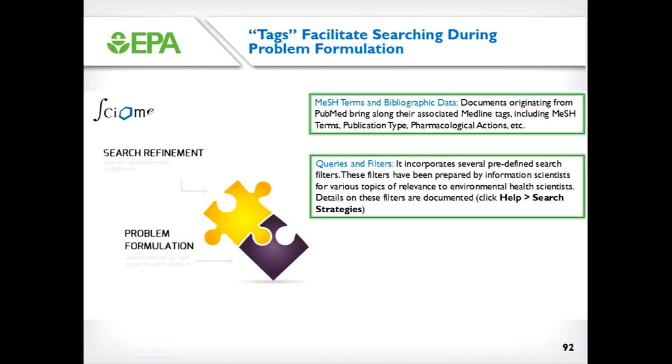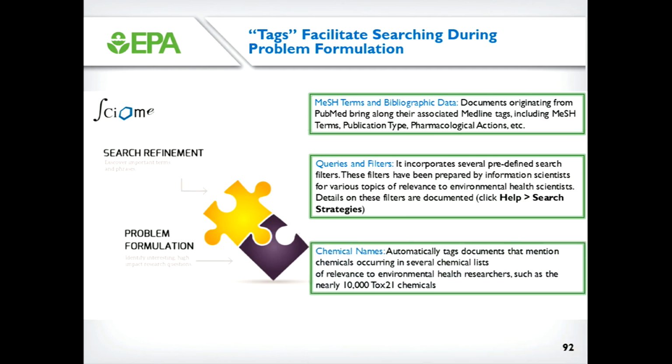These filters have been prepared by information scientists for various topics of relevance to environmental health scientists. Details on these filters are documented, so it's very transparent. Just go to Help and go to search strategies and you can find more detail on that.